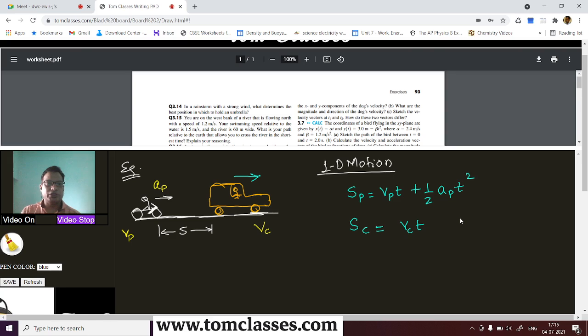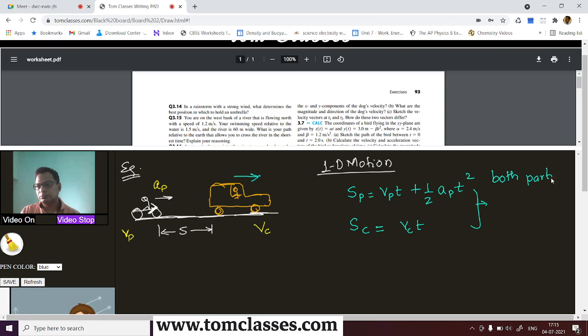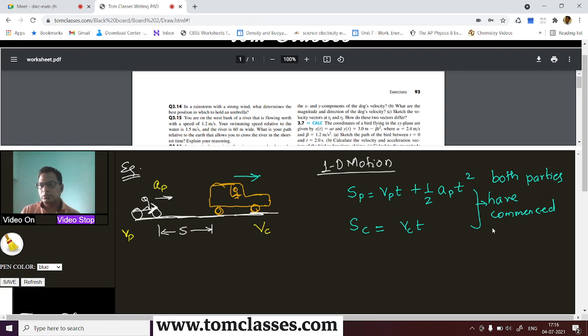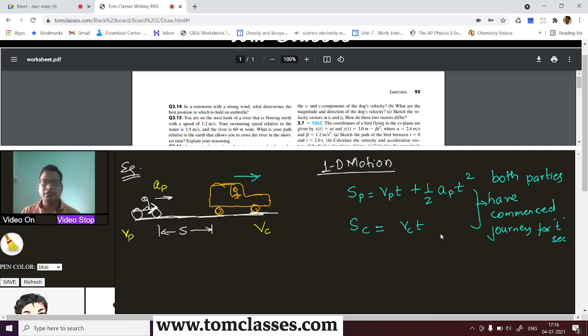Both parties have commenced the journey for time t, say 40 seconds, with all values in meter per second.